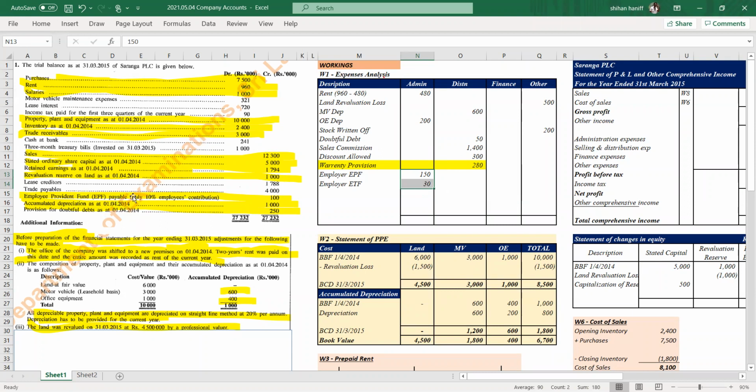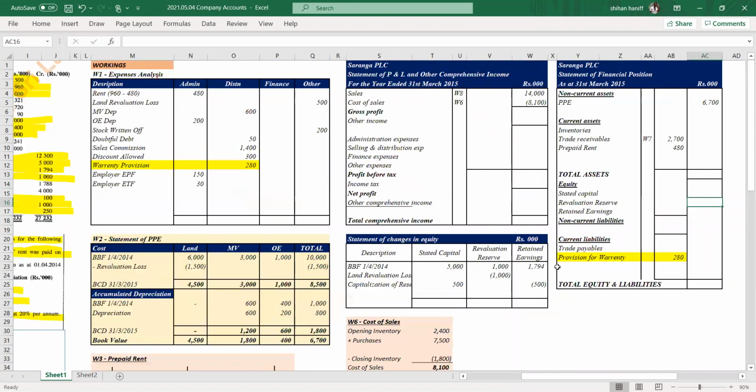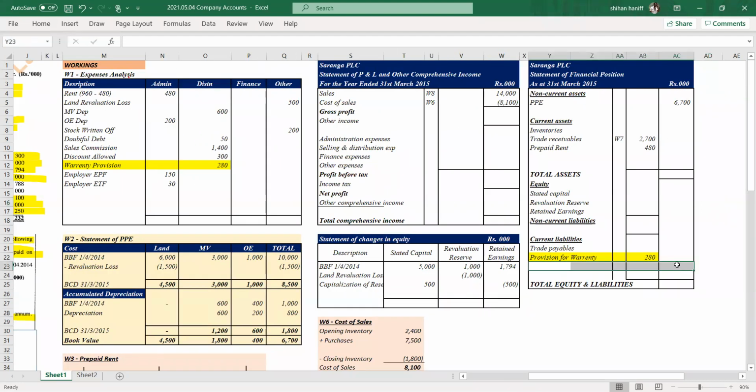Already there is an employee provident fund balance of 100. So under the statement of financial position, EPF payable, already there is a balance of 100 and 150 we added, so total 250.